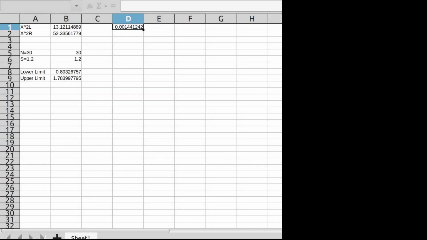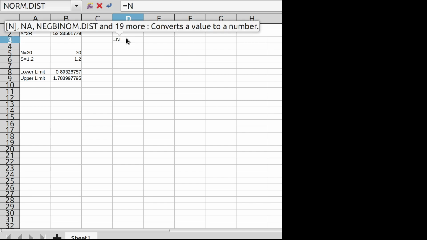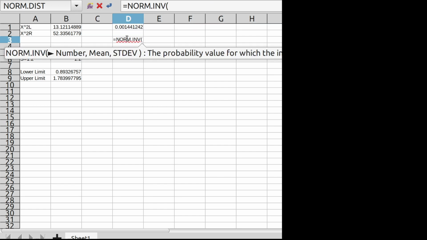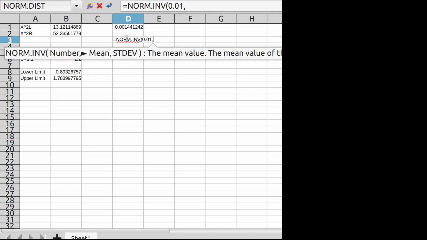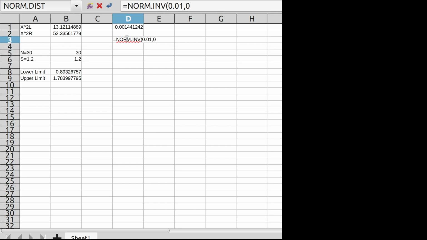And so if we come back here, the other way we can do that is we can use our inverse normal, and our alpha was 0.01, and our mean is 0, and our standard deviation is 1, and we get a critical value of negative 2.33. So notice normal inverse, if we put in alpha, you get a critical value.